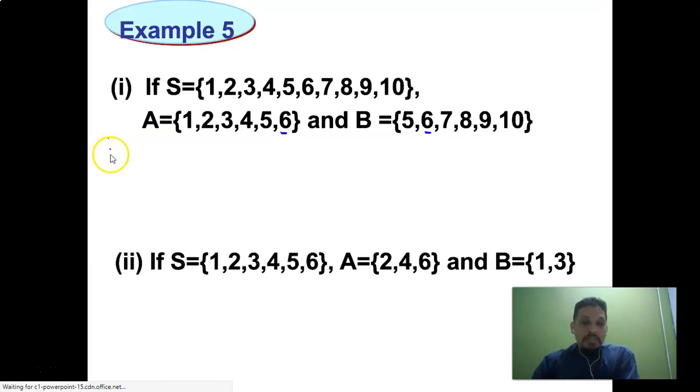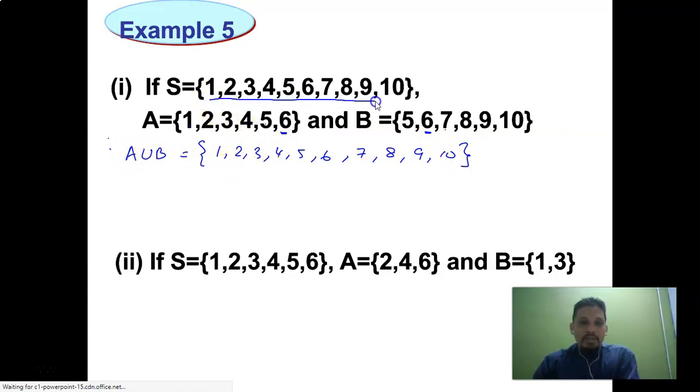Okay, so then let's say event A union B equal to 1, 2, 3, 4, 5, and 6, and 5, 6, 7, 8, 9, 10. So that we call the result of event A union B gives us all the sample space for this event.